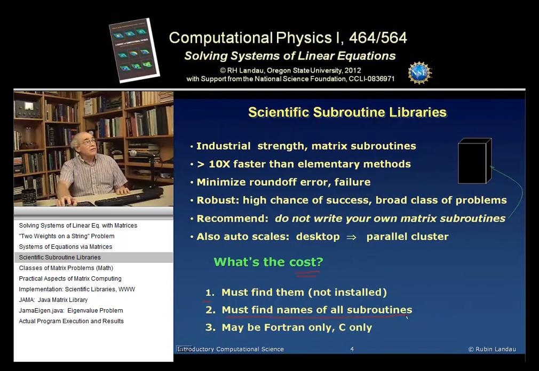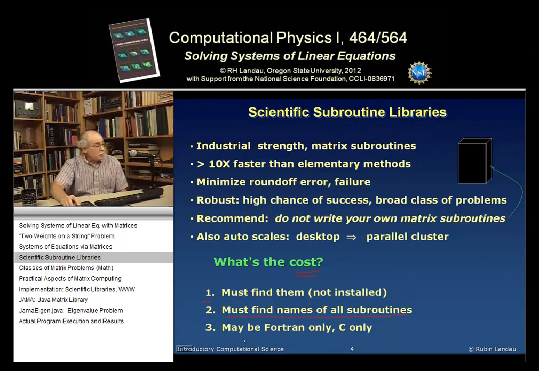The answer depends on the kind of arithmetic you're doing, integers, single, double, complex arithmetic, and then you have to pick out all the little subroutines that the one you care about uses. Because these methods are very powerful, but in part they're very modular. There are basic routines to do just the basic linear algebra pieces, and they're called by higher level routines, which are in turn called by higher and higher level routines. So there's a whole hierarchy of routines, and you need to know that.